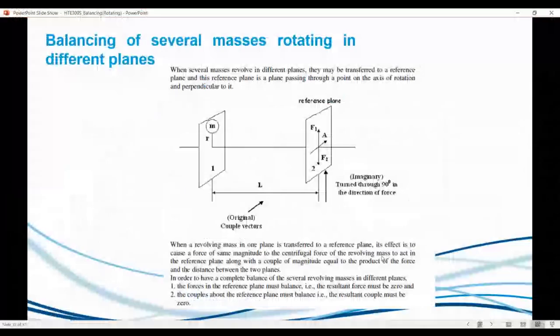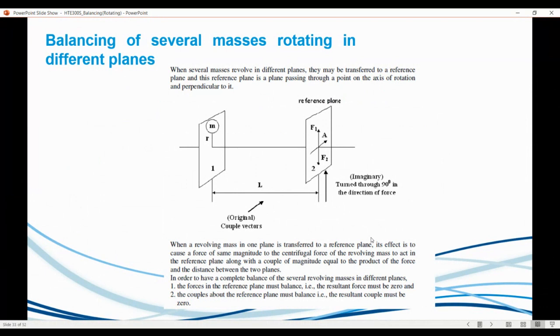And what this simply is, is that when a revolving mass in one plane is transferred to a reference plane, its effect is to cause a force of the same magnitude, the centrifugal force, in the horizontal. So we just have a length, because what it means is a mass in one plane is a mass in another plane, right? And there's a length in between them.